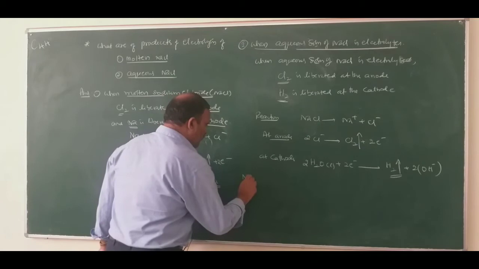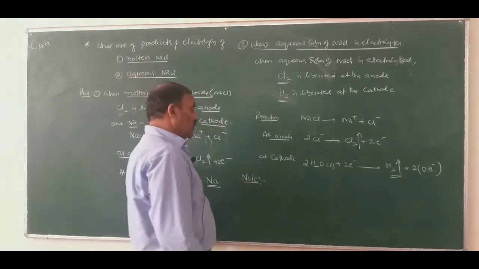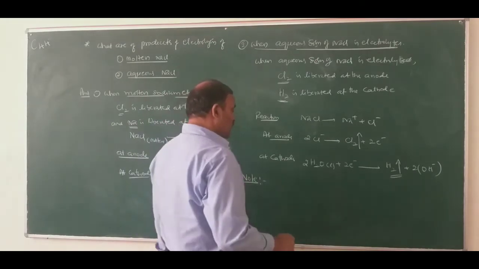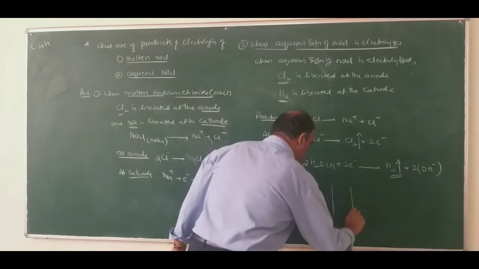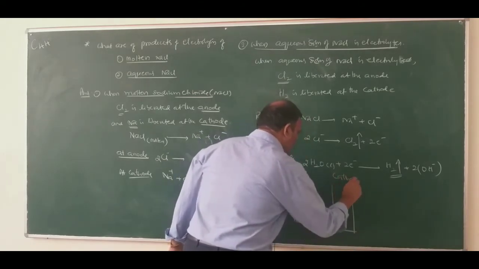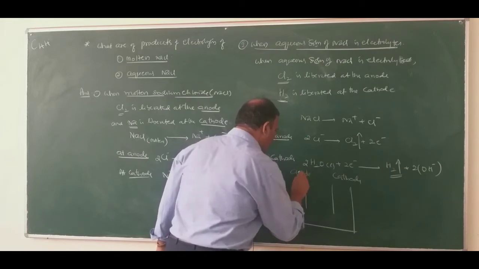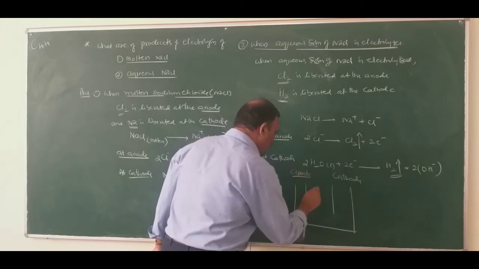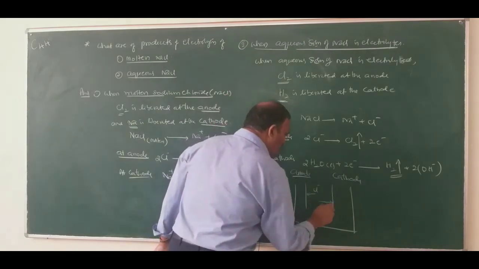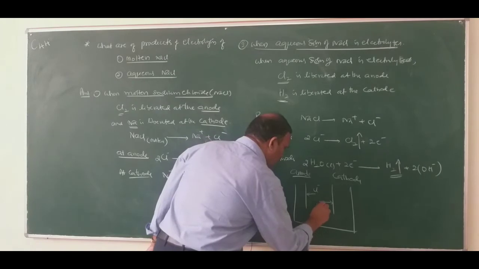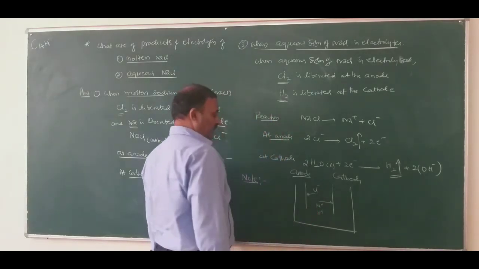So here you have to note that in the aqueous solution of sodium chloride, when electrolyzed, this one is the cathode and this one is the anode. Here chloride ions will move towards the anode. To move towards the cathode, there are sodium ions and hydrogen ions of water.